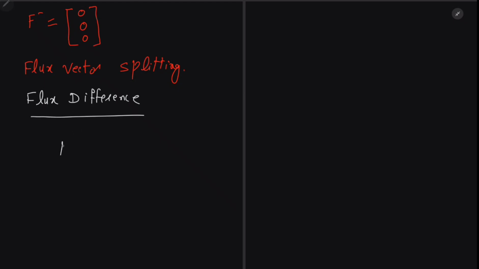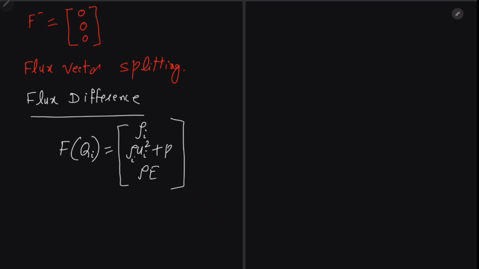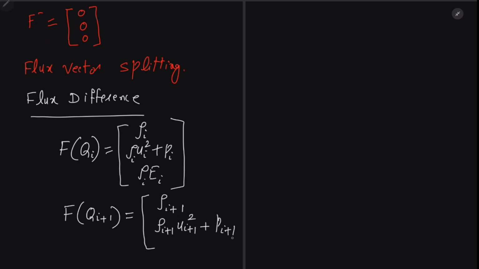Suppose we have the same flux F, which depends on Q. Q is the vector rho, rho u, rho u square plus P, then we have rho E, for example, some random value. Suppose we define it like this. The value at Qi will be rho i, and so on. If we say the next state is Qi plus 1, then we have rho i plus 1, rho i plus 1 ui plus 1, rho i plus 1 ui plus 1 square plus Pi plus 1, rho i plus 1 Ei plus 1.